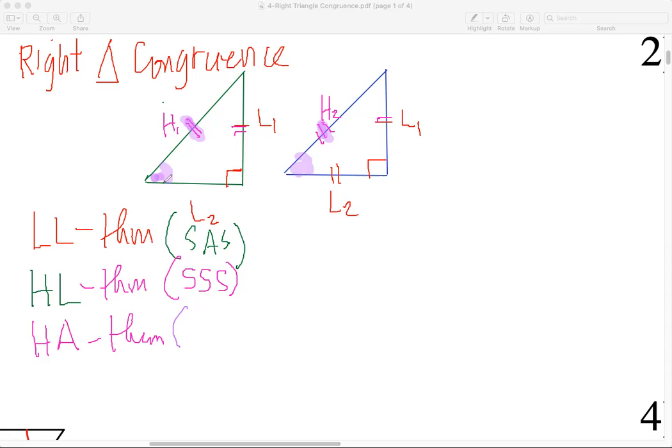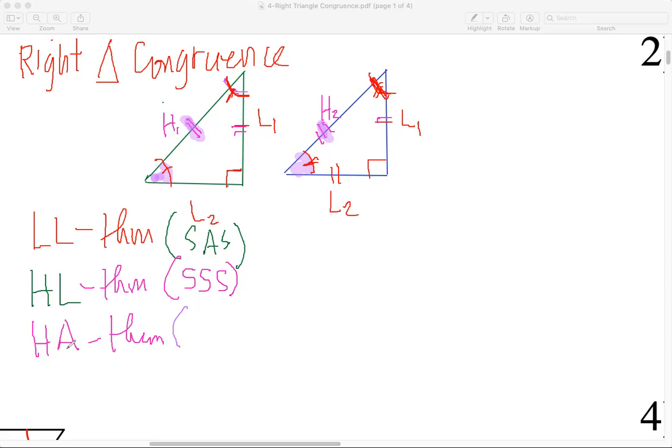So if these two angles are congruent to this, then we could say that this angle is congruent to the next angle. Again, if this angle is congruent to this angle, and we know that the right angles are congruent, and since the sum of the angles of a triangle is 180 degrees, therefore, this is congruent to this angle.